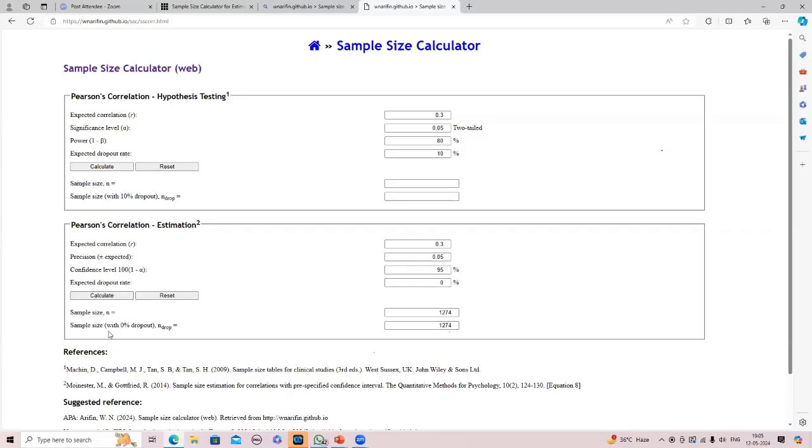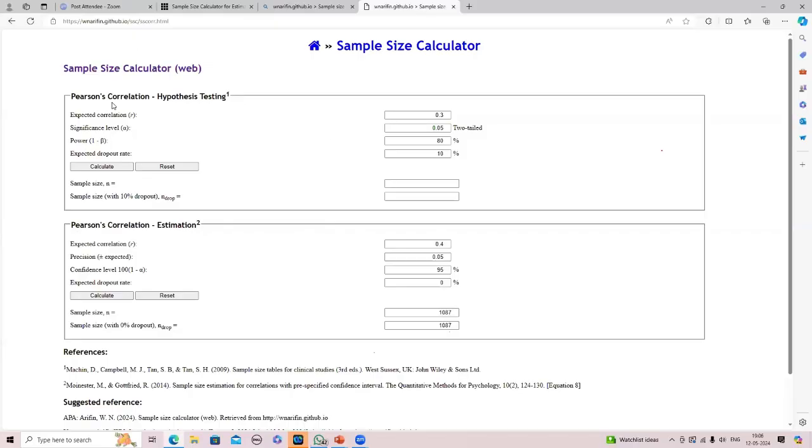Calculate the sample size. It will give the sample size for the estimation of correlation between the two variables, that is 1274. So you can use this calculator to find out the sample size for estimation of a correlation. You can change this correlation to 4% with the same absolute precision and calculate this, and the sample size will reduce. You can play with this, calculating for different values and finding out their sample size.